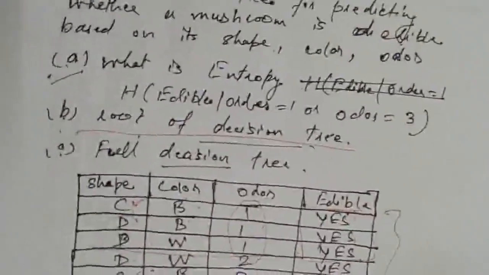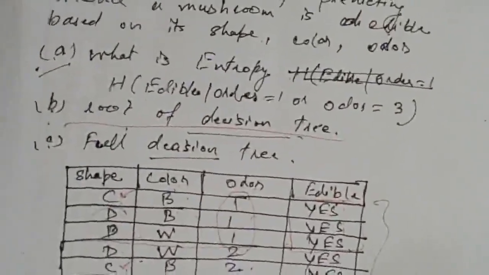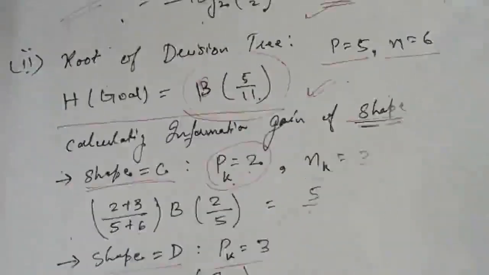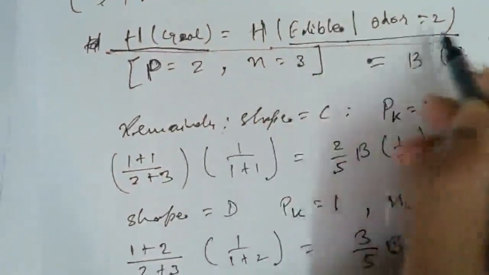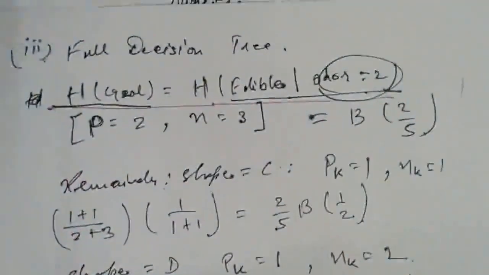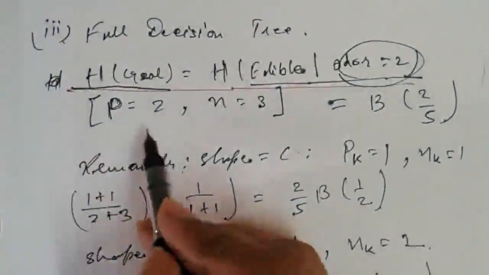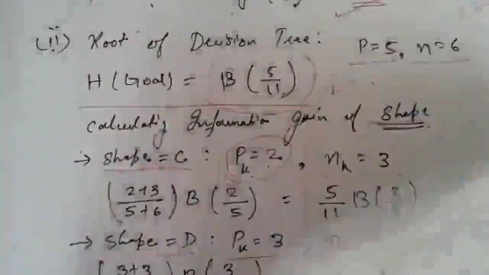We are calculating this H goal for order equal to 2, right?